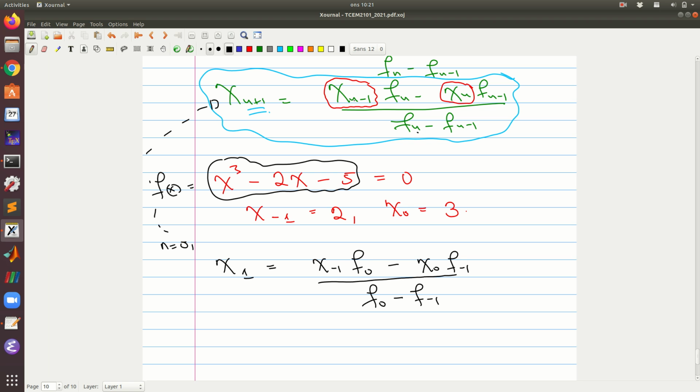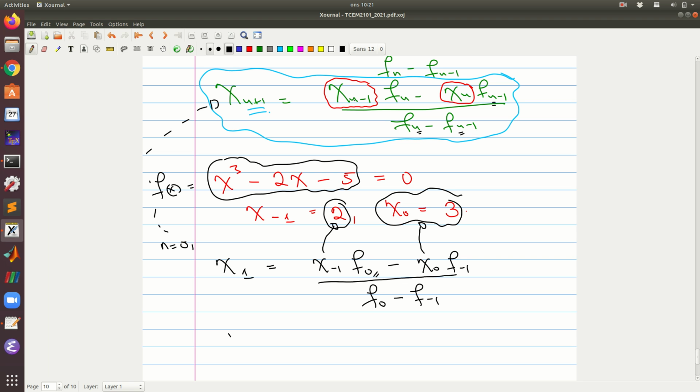We are just substituting in for the value of n as 0 here, and we have everything. What is xn? X negative 1 has been given to us as that. And then x naught, we also have as that.